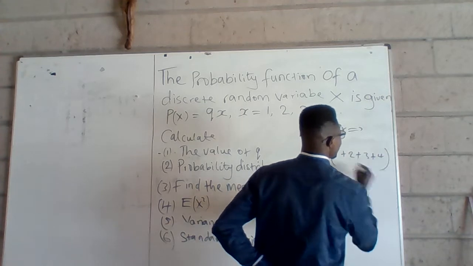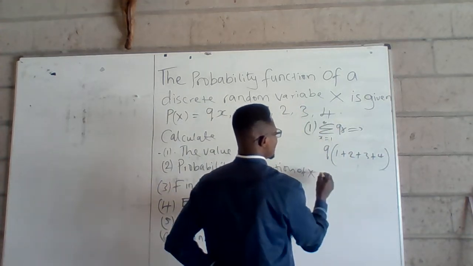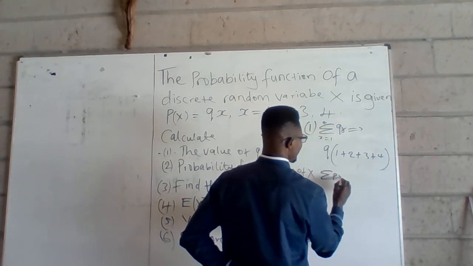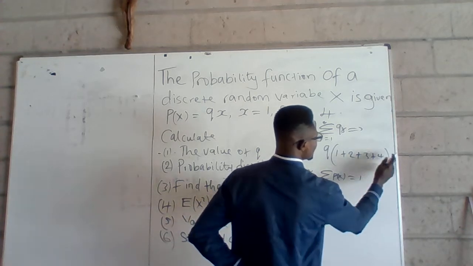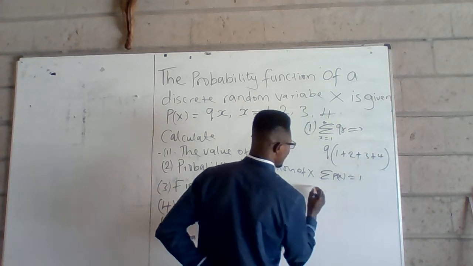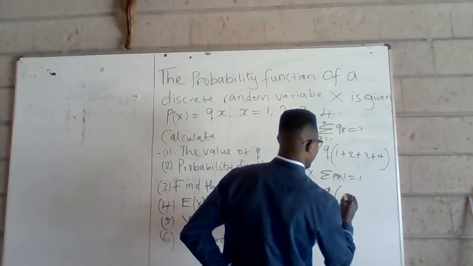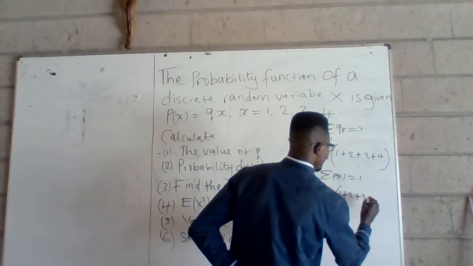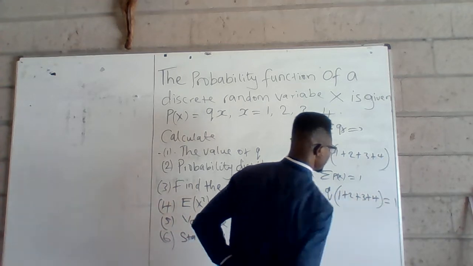But we know by the rules of probability that the summation of p of x must be equal to 1. So we equate this to 1, so that q times (1 plus 2 plus 3 plus 4) is equal to 1.